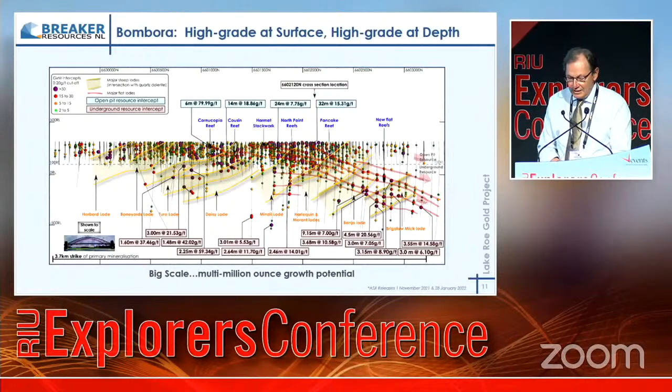This is a look side on at the main Bombora deposit. You're looking at 4 kilometres. The Sydney Harbour Bridge there is about 500 metres long. The flat south plunging structures are your flat lodes. The north plunging structures are the steep lodes, you've got about 10 of them, one on top of the other.